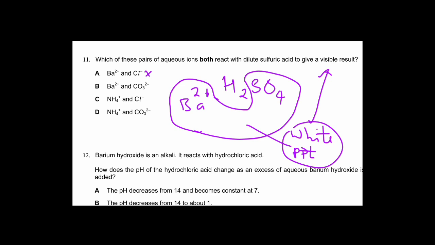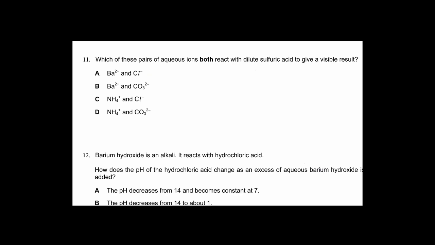It's not possible. We come to B. Barium we have witnessed. Carbonate. When we react a carbonate with sulfuric acid, we are likely to observe a visible result. Definitely, when we are having a carbonate plus sulfuric acid, the hydrogen ions from an acid will attract one oxygen atom from a carbonate.